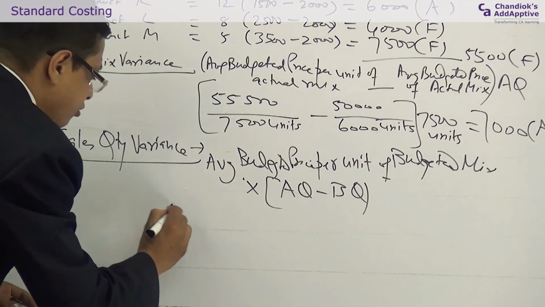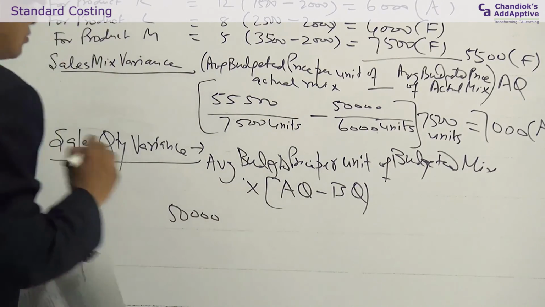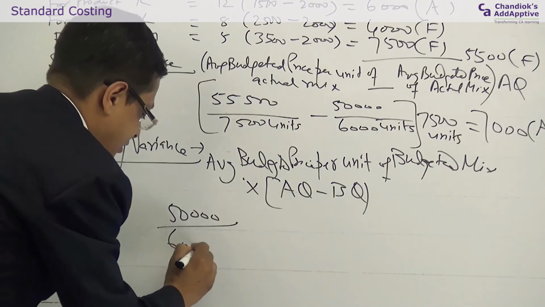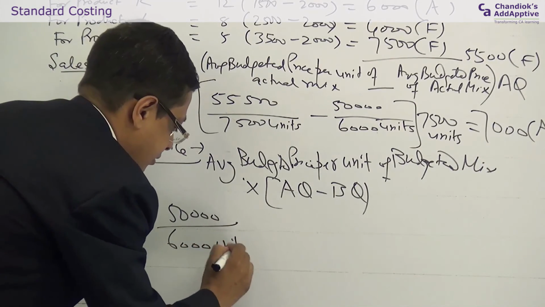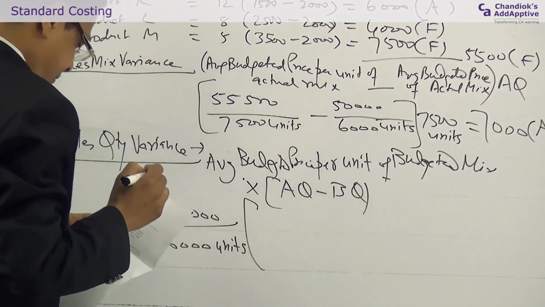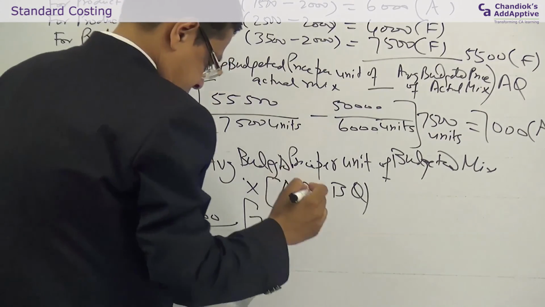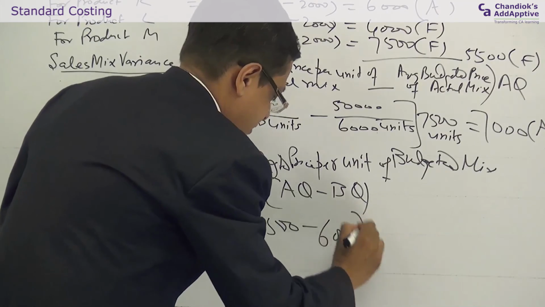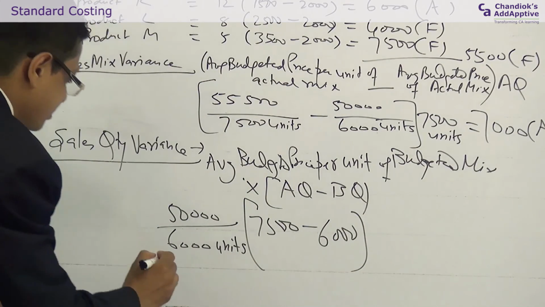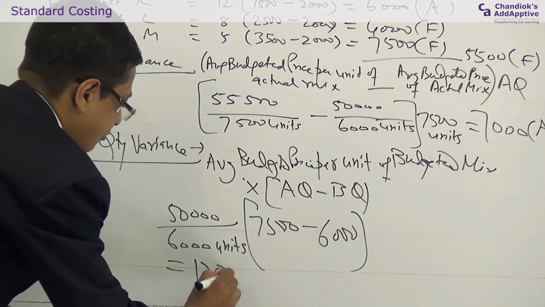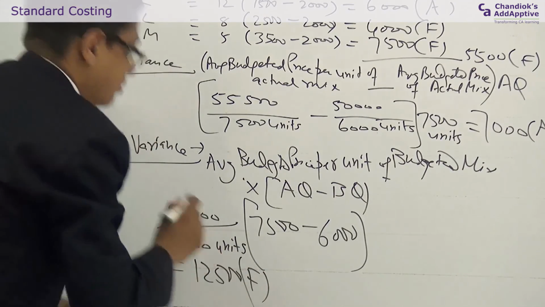So, if you use this value 50,000 with respect to 6,000 units and consider the difference of 7,500 units and 6,000 units, what you get is 12,500 favorable.